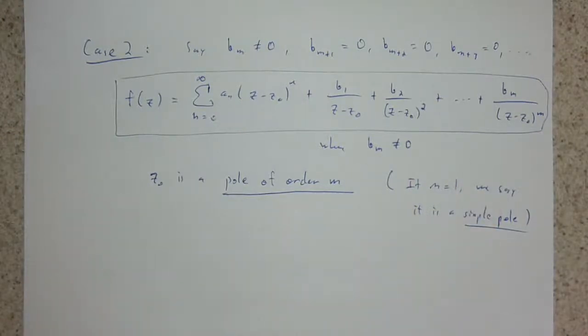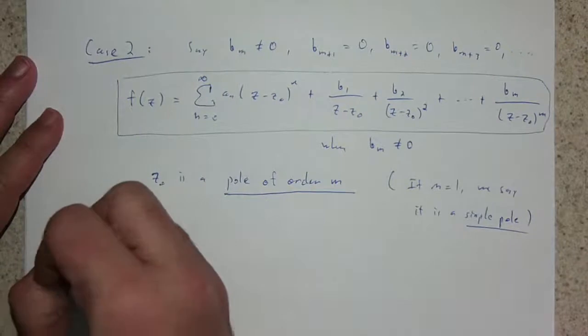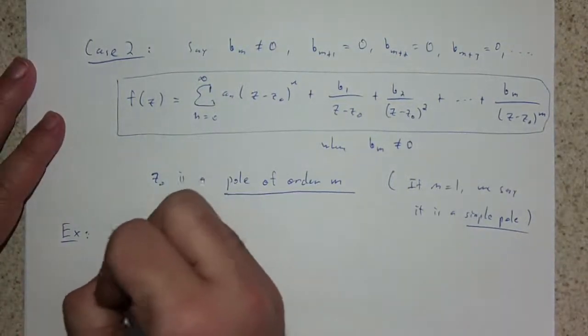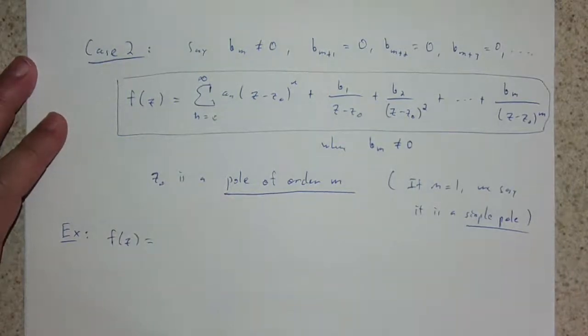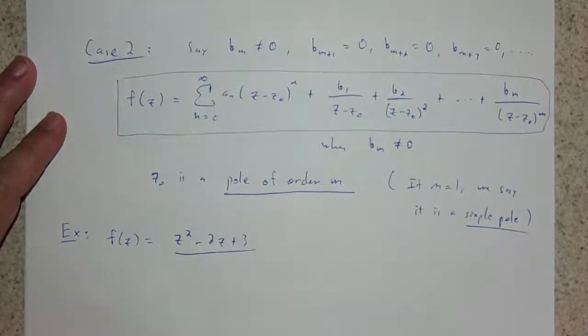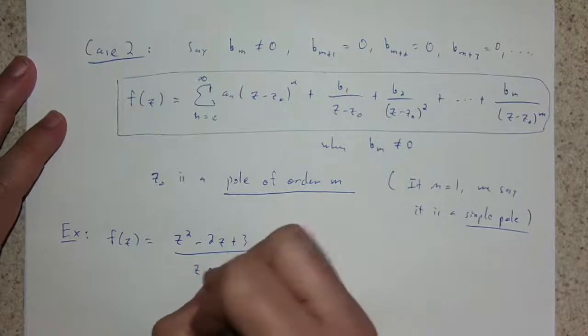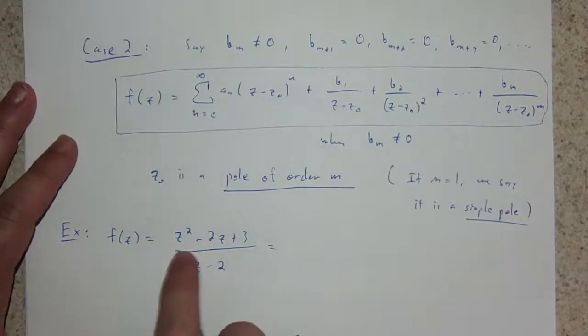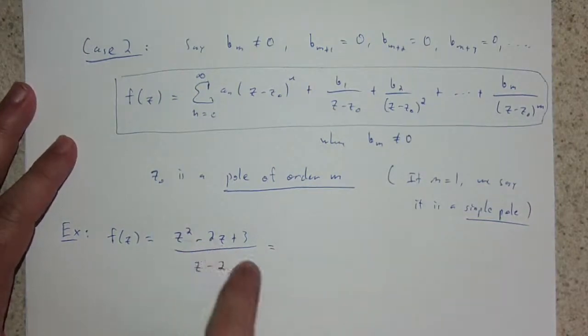Now let's look at some specific examples. Okay, so what about a function like this? Let f of z be z squared minus 2z plus 3 over z minus 2. First things first, when you have a quantity like this, you want to do some algebraic trickery to make this thing look a little bit nicer. So notice that if we factor out a z here, we get z times z minus 2 plus 3.